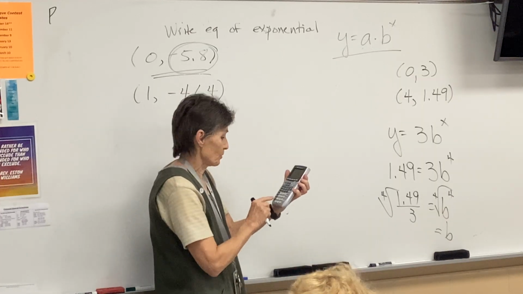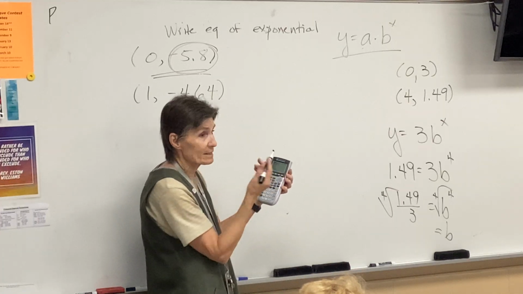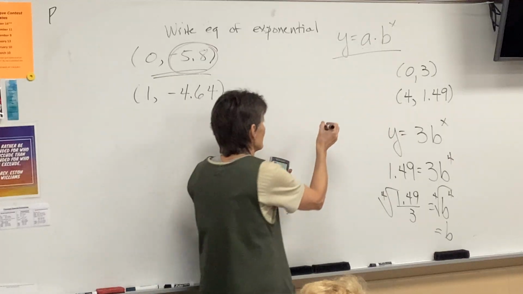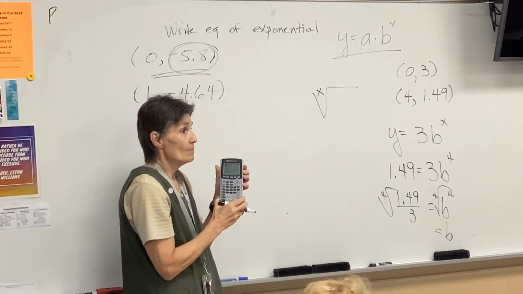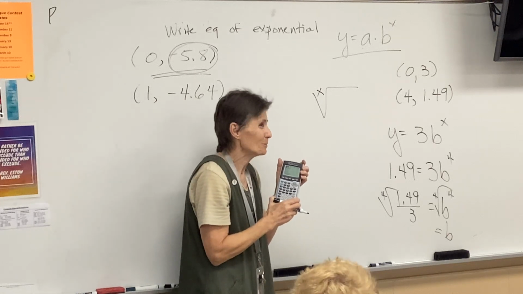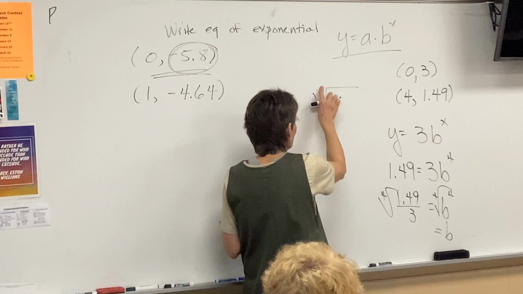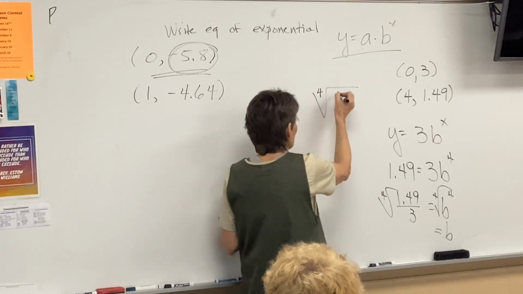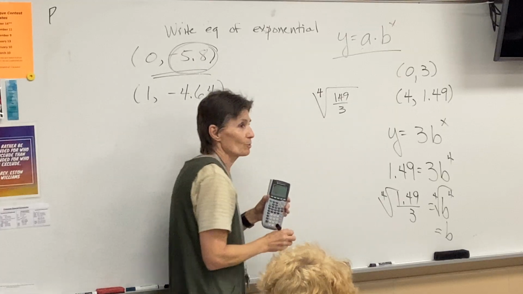Turn it on first, press the math button, and then, for me, it's number 5, I don't know what it is for you. You have a button that looks like this. That is your X root button. So you need to put a 4 here, and underneath you have to have 1.49 divided by 3.